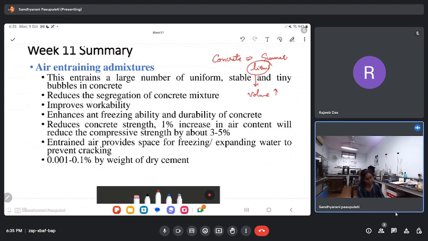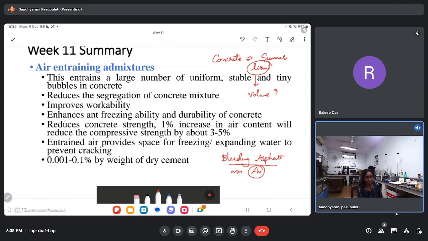Let us relate this with bleeding in asphalt mixtures. Though here we are talking about concrete mixtures, let us discuss the bleeding phenomenon in asphalt mixtures. We have discussed that we are supposed to provide a minimum amount of air voids. What will happen if we don't?